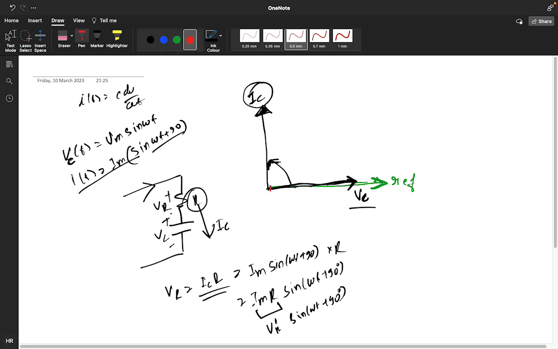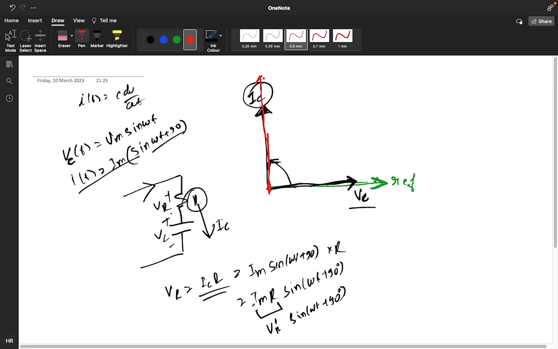So it will be in the same line as IC, and we know that the resistor voltage always follows the current. Where the current is, there will be the voltage of that resistor. So it will neither lead nor lag with respect to the current; it will be on that same vector line.